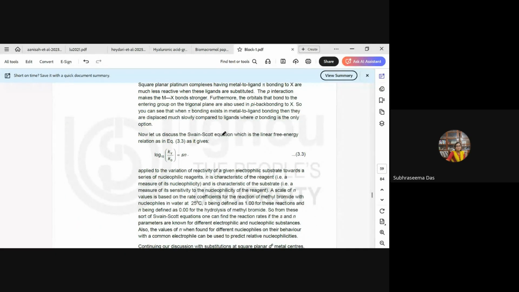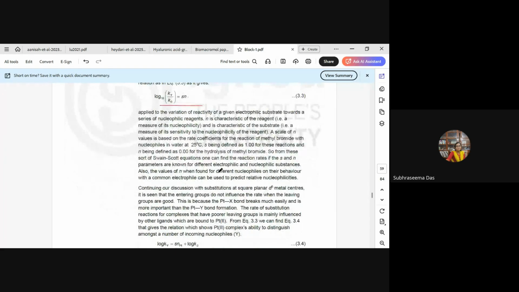Now this is the Swain-Scott equation, which is the linear free energy relation, and it is given by this equation: log base 10 of ky by k0 is equal to sn. It is applied to a variety of reactivities of a given electrophilic substrate towards a series of nucleophilic reagents.